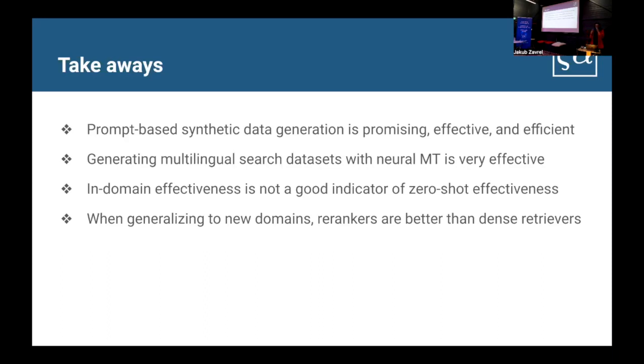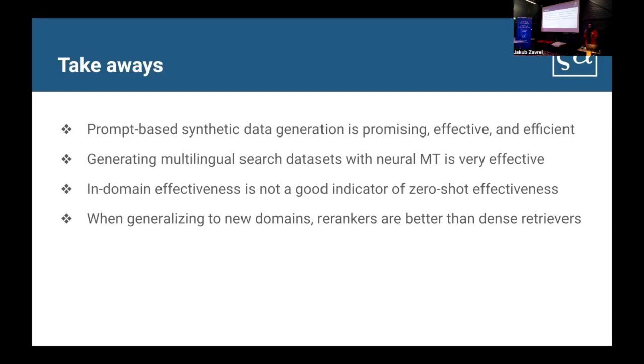We also found out that in-domain effectiveness is not a good indicator of zero-shot effectiveness. And also, when we generalize to new domains, re-rankers are better than dense retrievers. So I do also want to point out here that a lot of us, also maybe at a lot of companies, you might want to use models out of the box, models that perform state-of-the-art on a particular data set that comes out new and shiny.